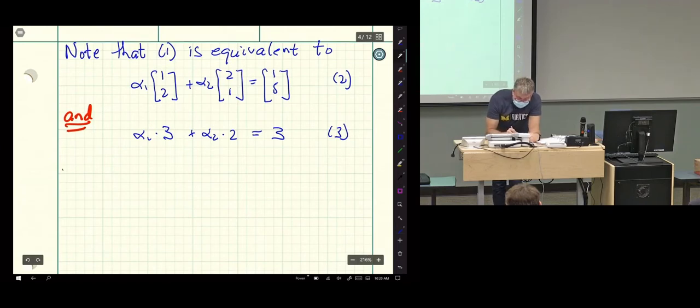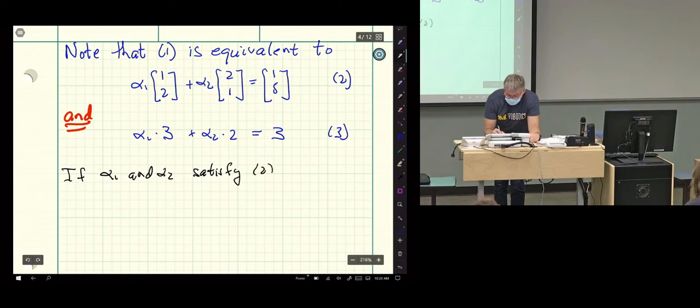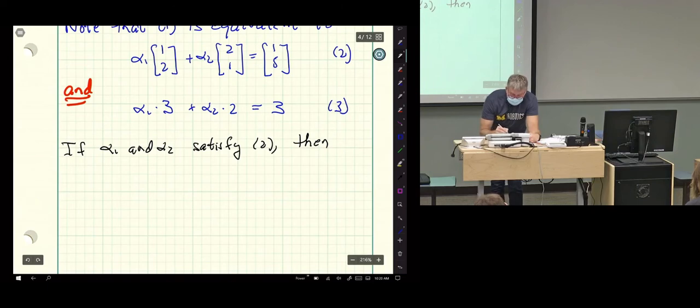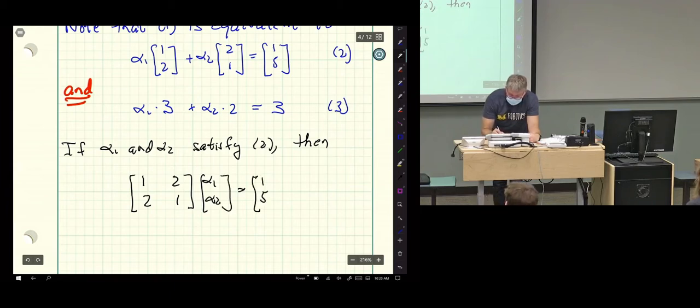Okay, so now, if alpha 1 and alpha 2 satisfy equation 2, then what do we have? This is the same thing as the matrix (1, 2; 2, 1) times (alpha 1, alpha 2) equals (1, 5).